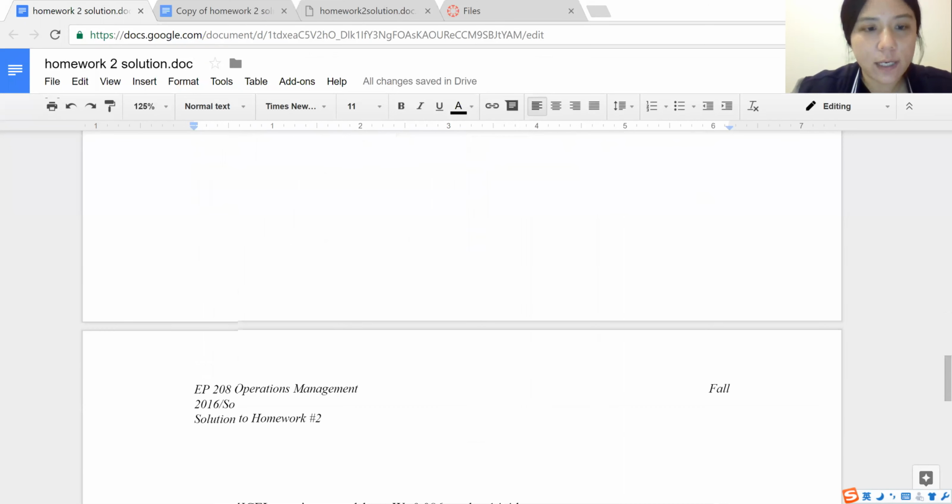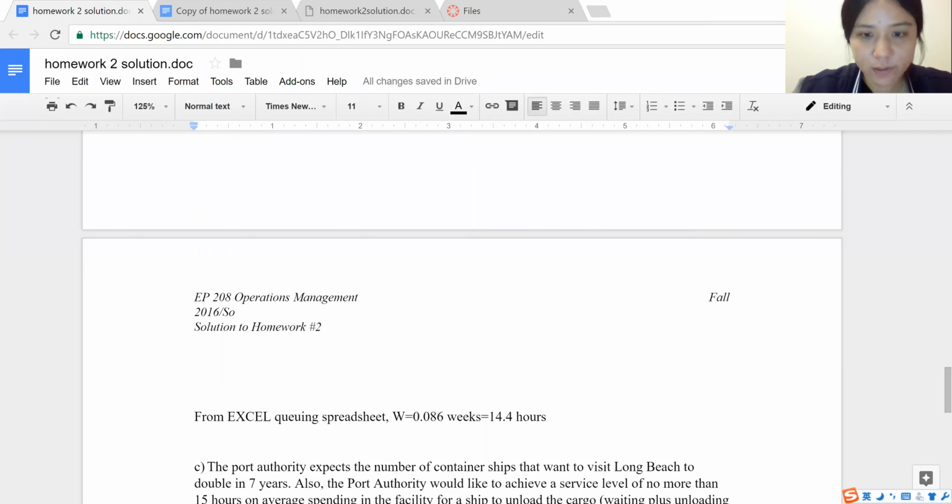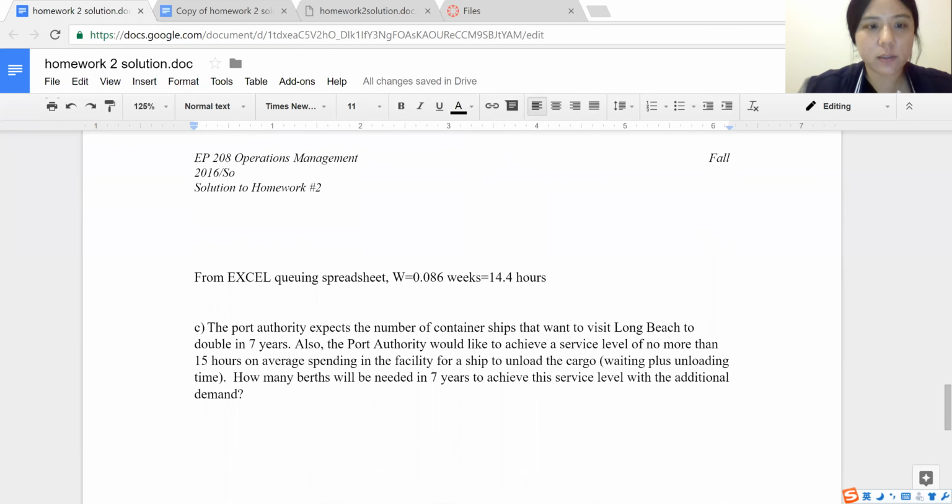Next, let's look at the third question. The Port Authority expects the number of container ships that want to visit Long Beach to double in 7 years.